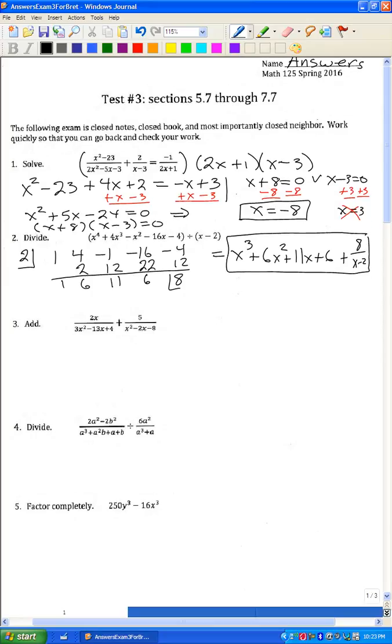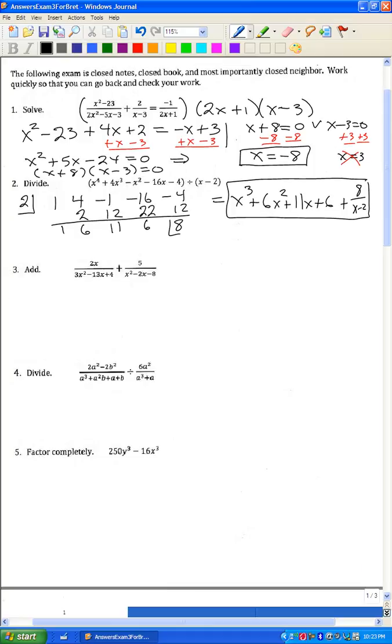Let me do problem number 3. And so I want to add these. And so I get that this is equal to 2x over, well, let's factor.